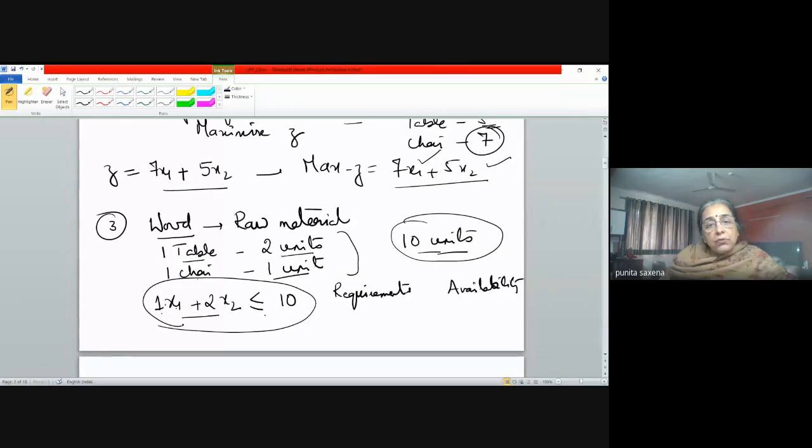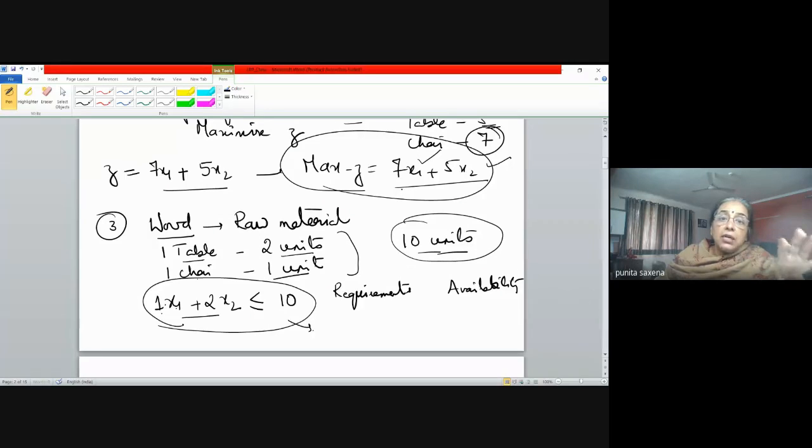This kind of inequality imposes a restriction, in the sense that my objective was to maximize this function 7x1 plus 5x2, but this objective is not so straightforward. It is to be attained under certain restrictions, under certain constraints that we are working on. So this is one constraint.